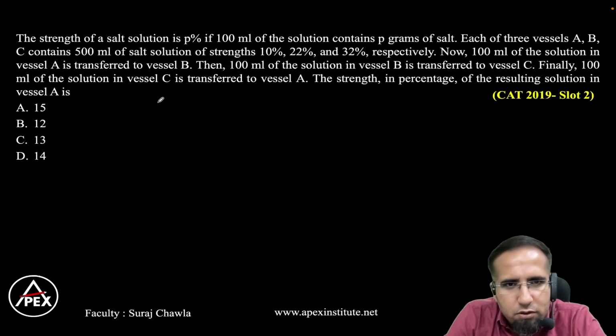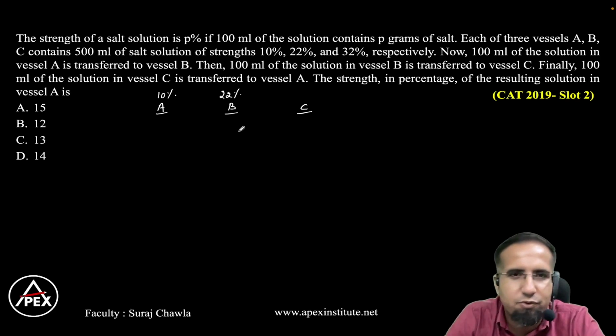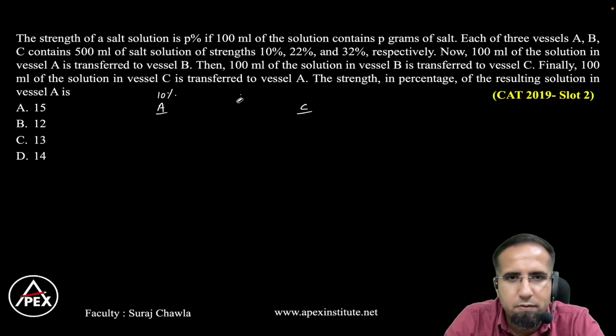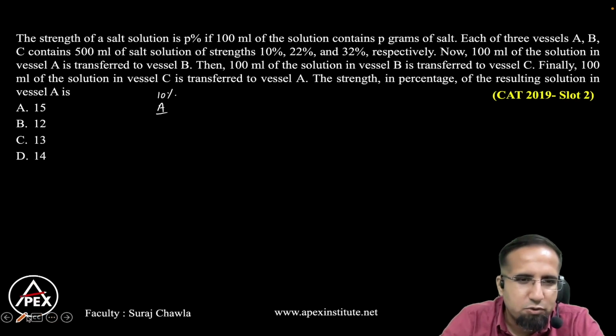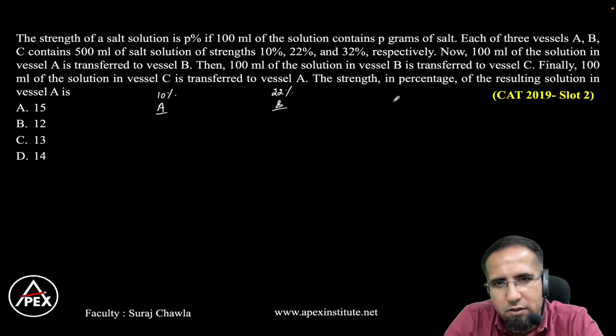So let's say we talk about A, we talk about B, and we talk about C. So A has 10% strength, B has 22% strength, and C has 32% strength.